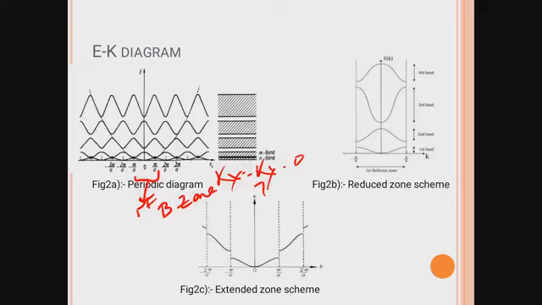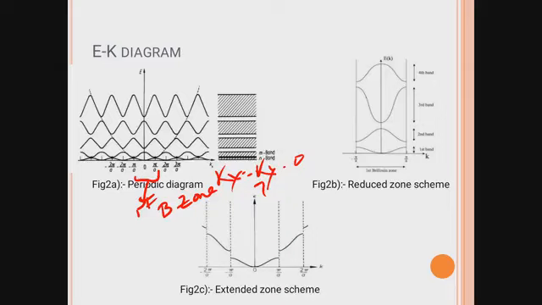There are two kinds of schemes to solve this periodic E-k diagram: one is the reduced zone scheme, and the other is the extended zone scheme. In the reduced zone scheme picture, the highest filled energy level is called the valence band, and the lowest band above the valence band is called the conduction band.